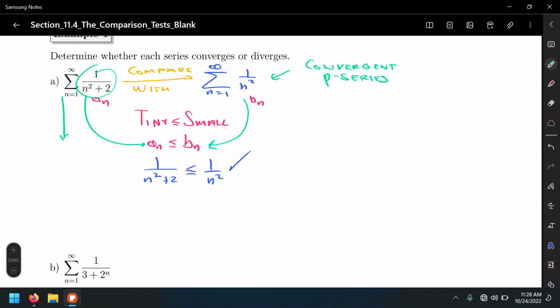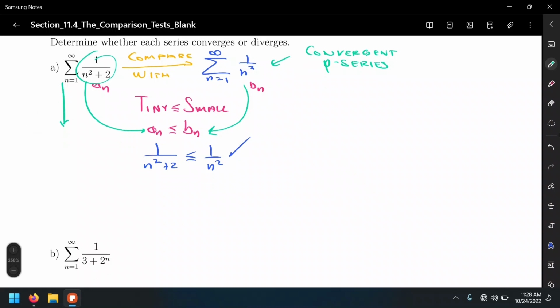Maybe tiny versus small is an exaggeration, but that's just so we can make a distinction. The 2 in the denominator makes a larger number in the denominator, and when we divide by that number, of course it's going to become smaller in comparison with 1 over n squared.